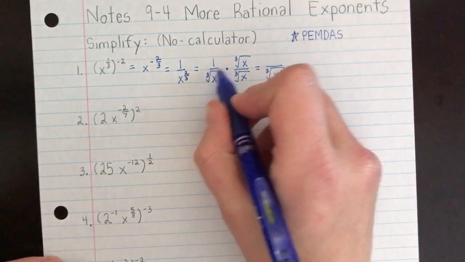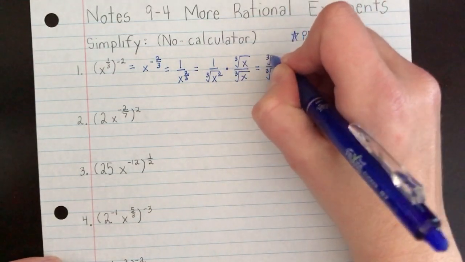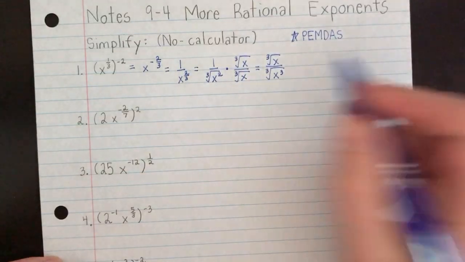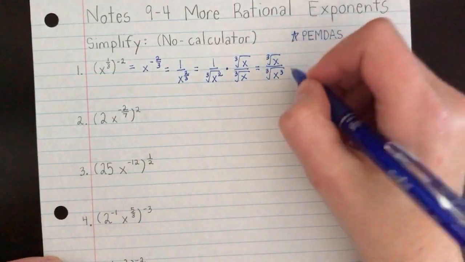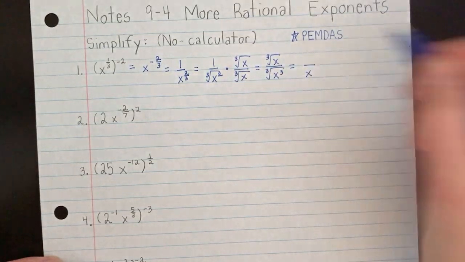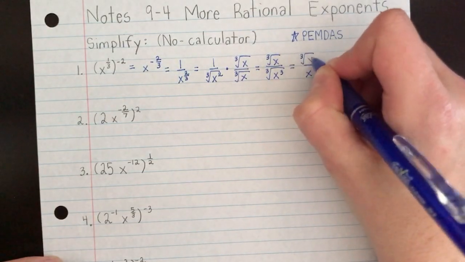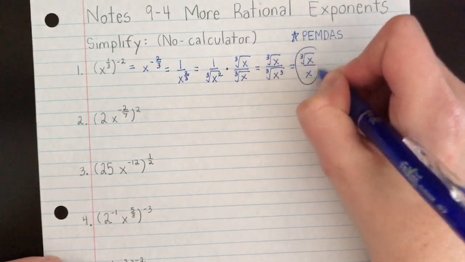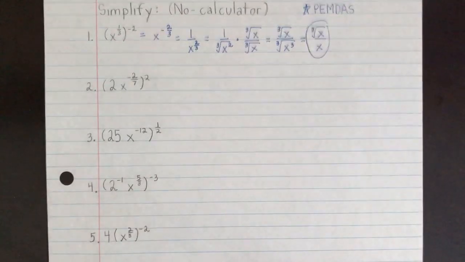On top you would have just the cube root of x, because you were just multiplying by 1. The beauty in the cube root of x cubed is that you have 3 x's, so a single x will come out, and you have the cube root of x over x, and then you're finished with that one. Okay, quite a long one.